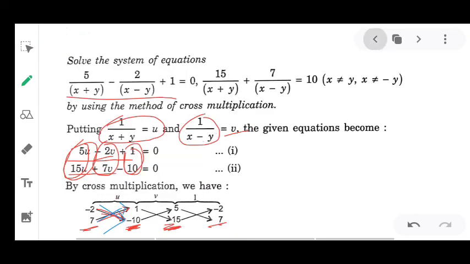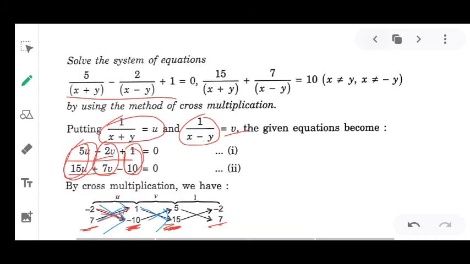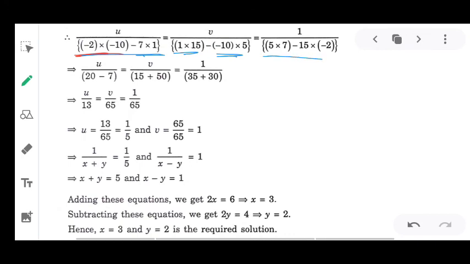Then v will be v by 1 into 15 minus 10 into 5. Then 1 by 5 into 7 minus 15 into -2.